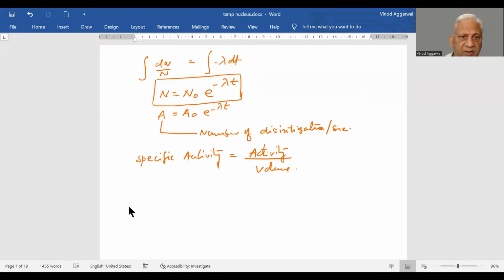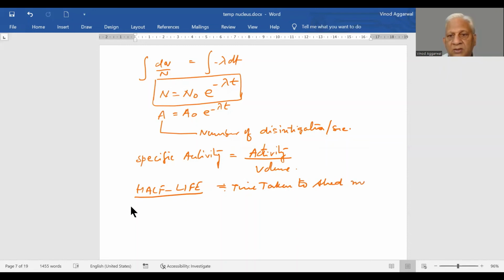Now in radioactivity, there is a very important term called half-life. As the name suggests, half-life means the time taken for the mass to shed by half.